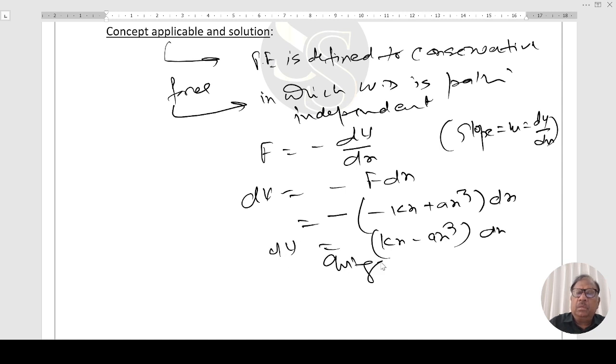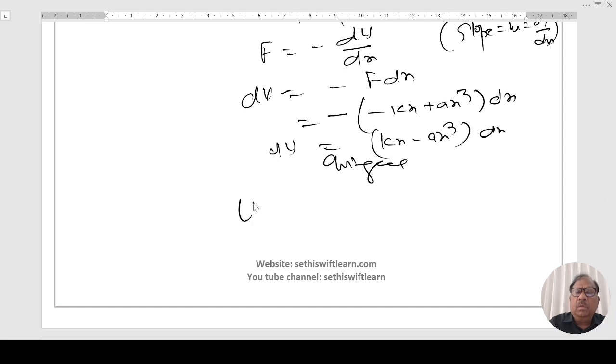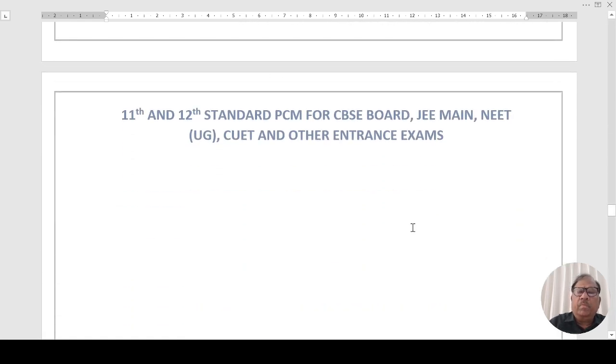Integrating, we get Ux equal to the integral from 0 to x of (kx minus ax cube) dx. For the formula applicable, integral of x to the power n dx equals x to the power n plus 1 divided by n plus 1.